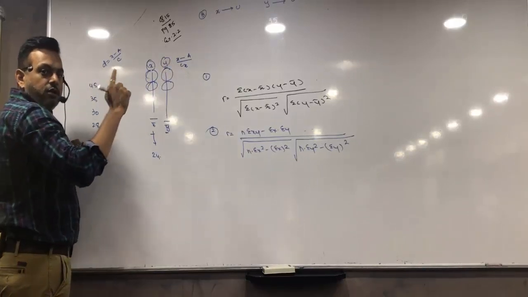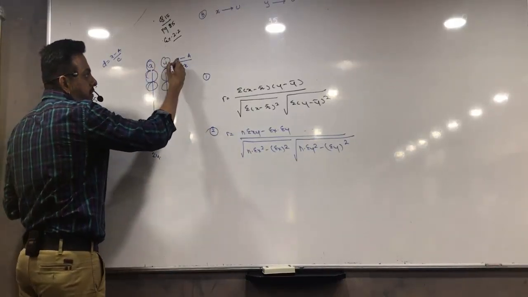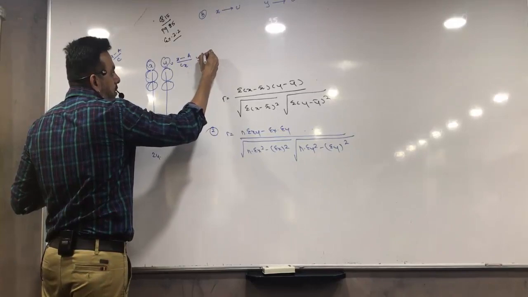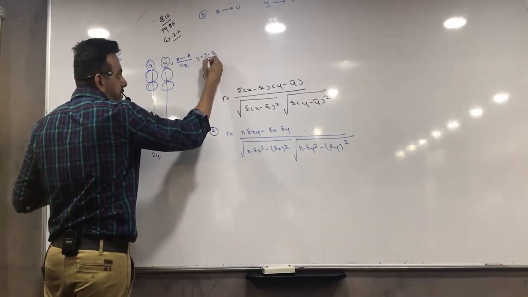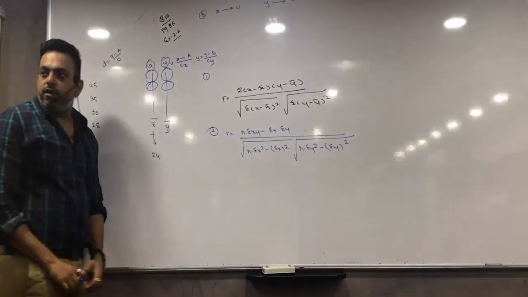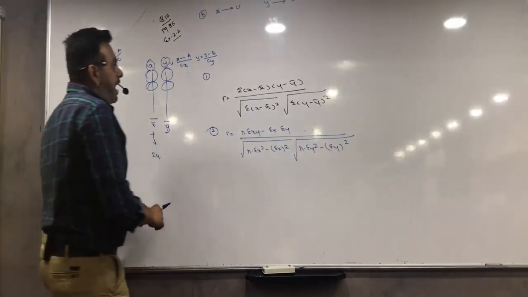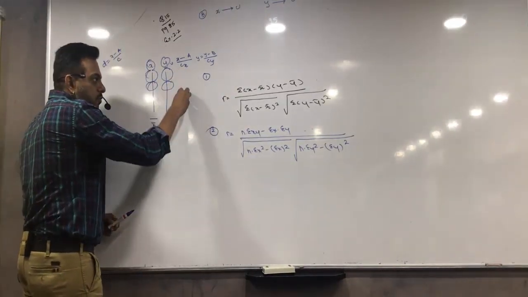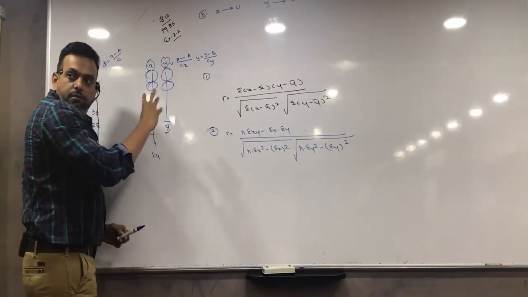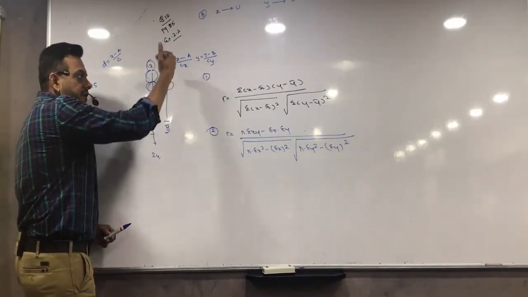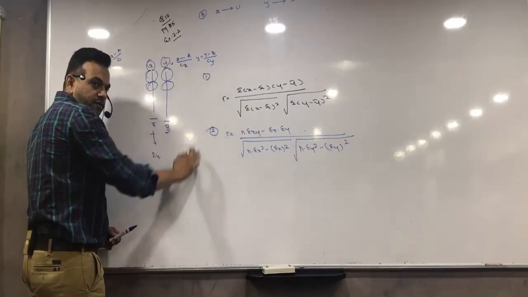Is this clear? So we converted x into u and y into v. In that case, your big values will become smaller values, we scale them down.